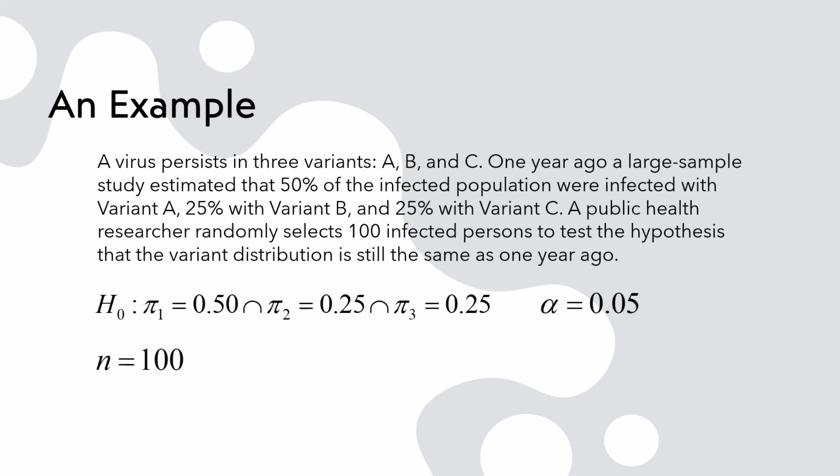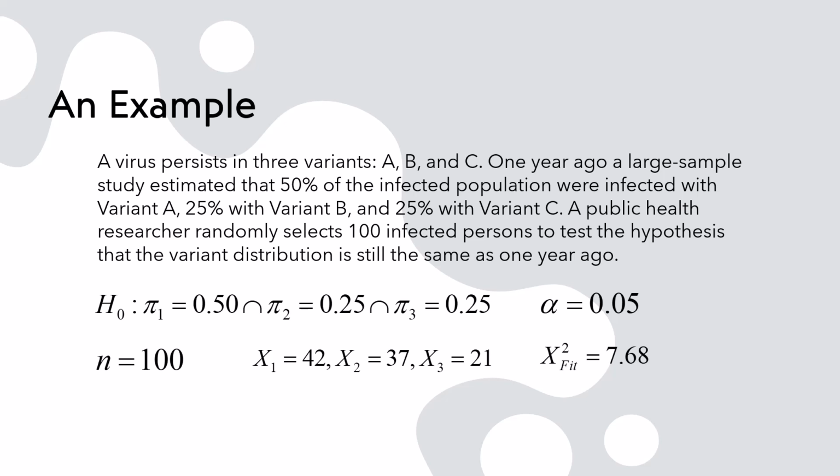Let's suppose that we obtain these observations: 42 with variant A, 37 with variant B, and 21 with variant C. It's easy enough to calculate the goodness of fit statistic because for that we only need observed minus expected, and expected is based upon these proportions. You might want to try doing it and check my answer here. The goodness of fit statistic is 7.68.